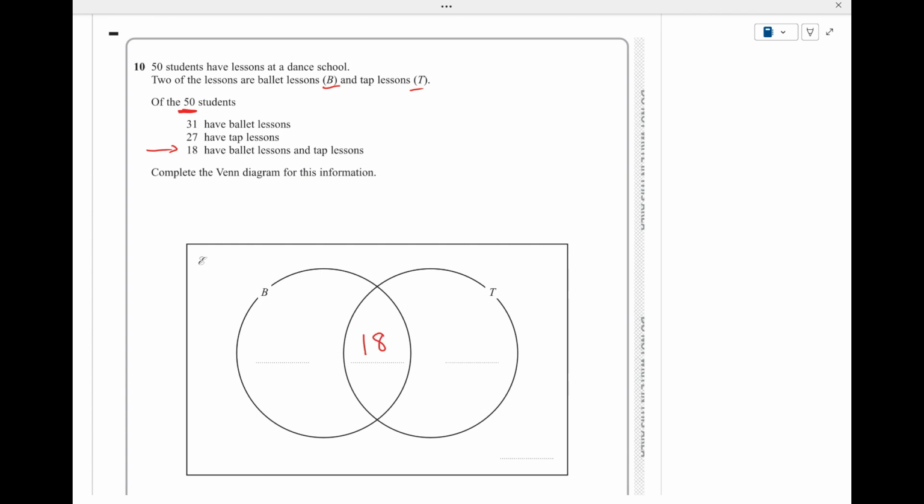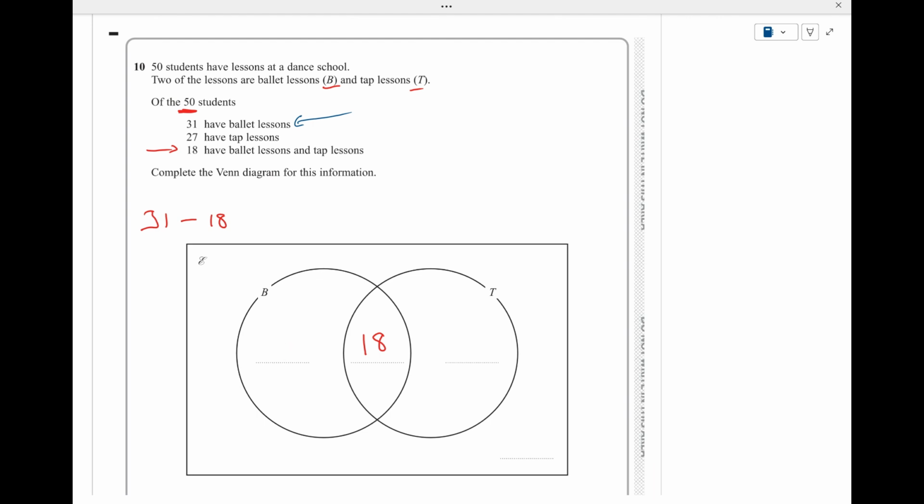Now, if 18 have ballet and tap, let's go back to the beginning. 31 have ballet. Can I write 31 there? If you do, then that would suggest that 31 plus 18, 49, had ballet, and 49 don't have ballet. Only 31 have ballet. So to work out what goes here, I'm going to have to do 31 minus 18.